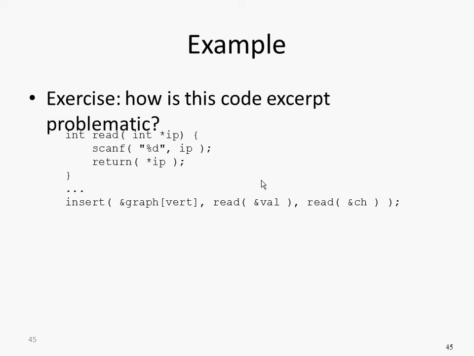What's that? Yeah, so it's reading from the input. In this case, it's reading an integer value, and it's putting it in what? It's putting it in a pointer. It's actually putting that value into whatever's pointed to by IP. IP points to some integer value, and it's putting something in there. That's what scanf does.